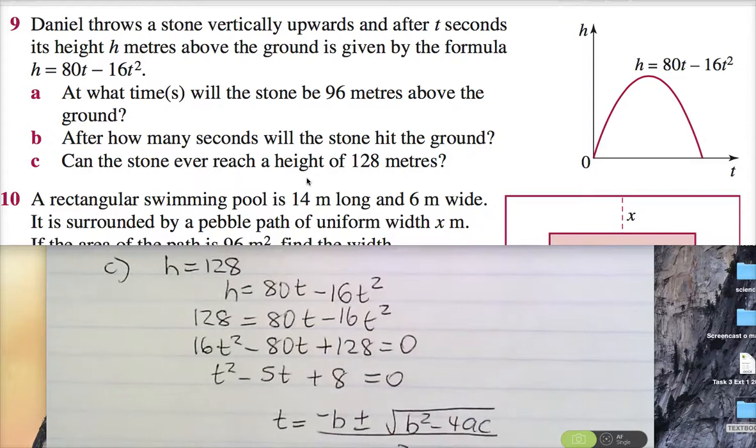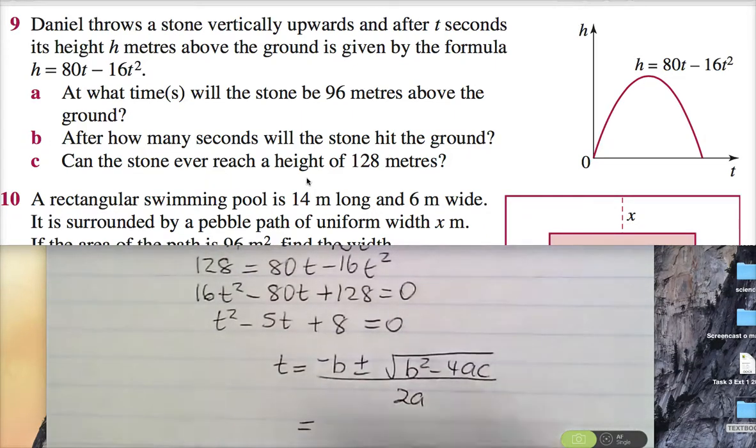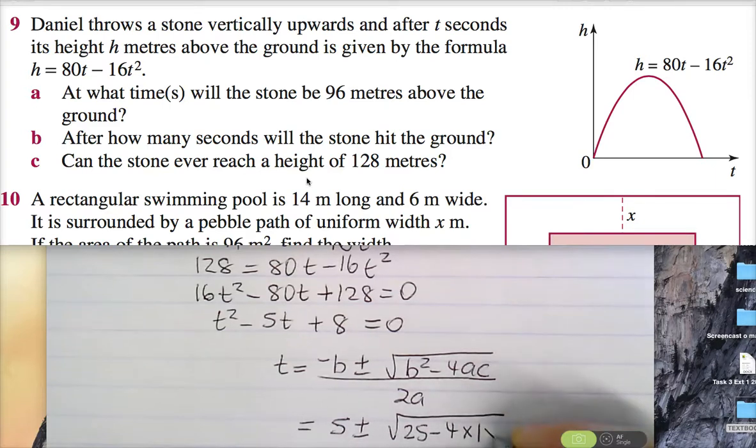Because where you normally have an x, you have a t. So we get t equals what? Negative negative 5, positive 5, plus or minus the square root of. What's negative 5 squared? Minus 4 times 1 times, what's c? 8. Over 2 times 1.